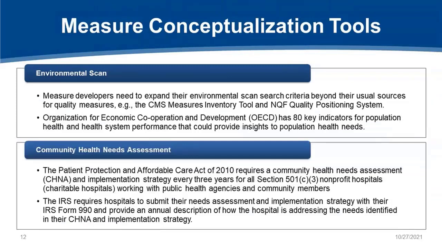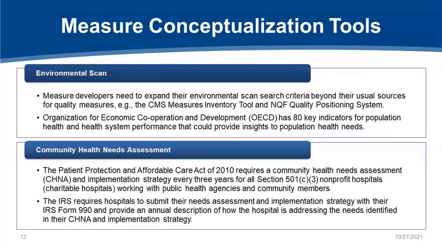So in the next couple of slides here, we're going to share what we're calling measure conceptualization tools, but I think maybe a better name for these is places to get yourself started, right? How do we identify population health gaps, and how do we think about what's actually reasonably measurable? So starting with the idea of an environmental scan to identify similar or related measures.